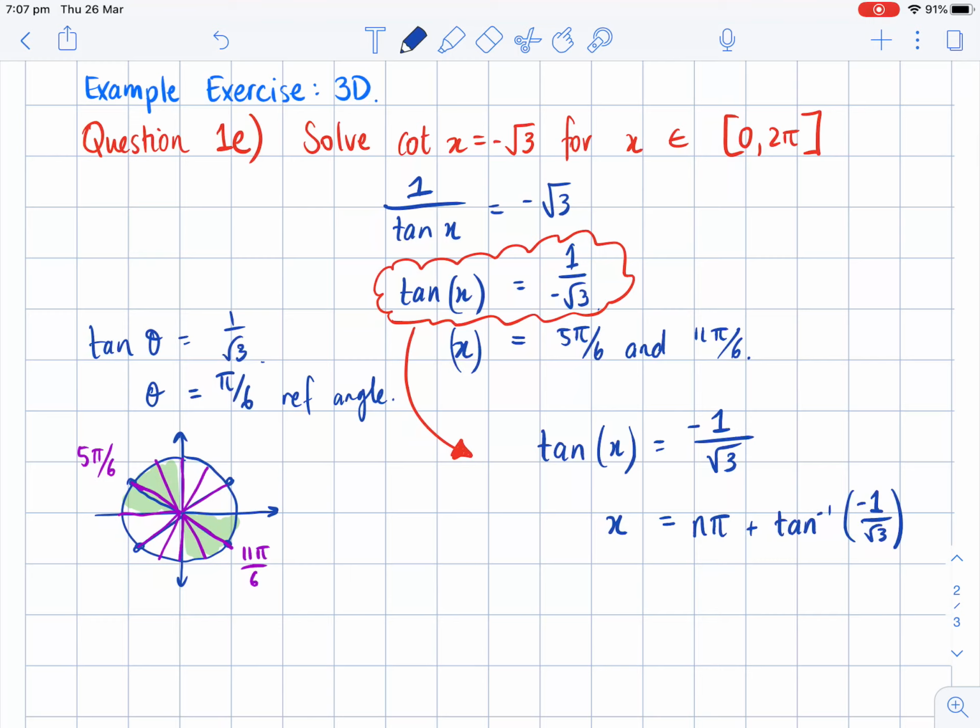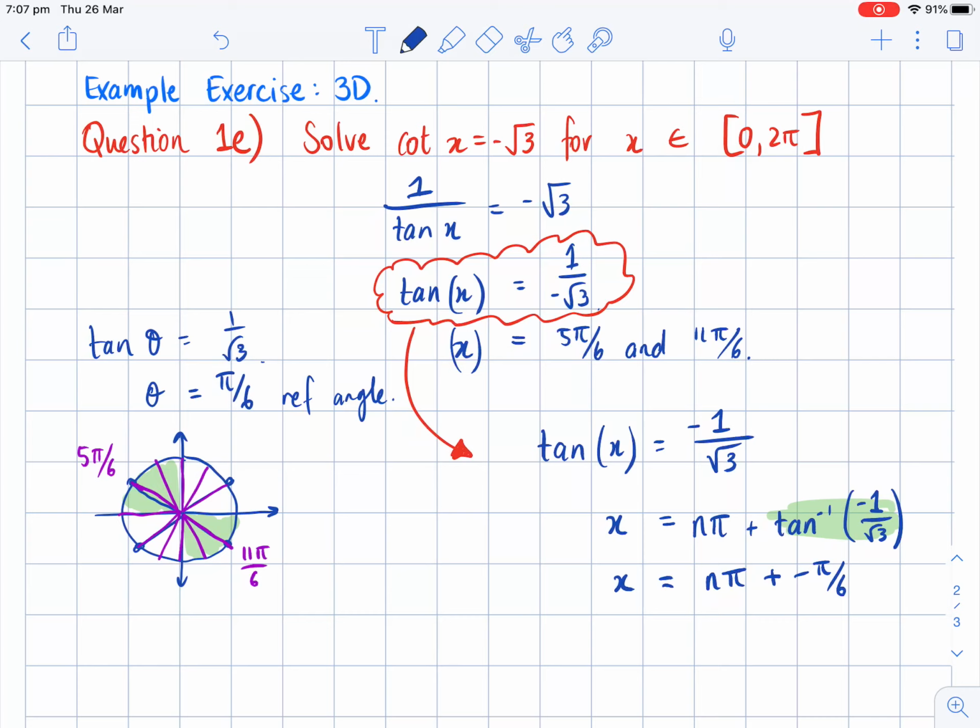I still have to get my first solution for this part here, but I quickly work out that the inverse of tan of 1 on root 3 is pi on 6. So tan to the minus 1, or inverse tan of negative 1 on root 3, is negative pi on 6. And here's my general solution.